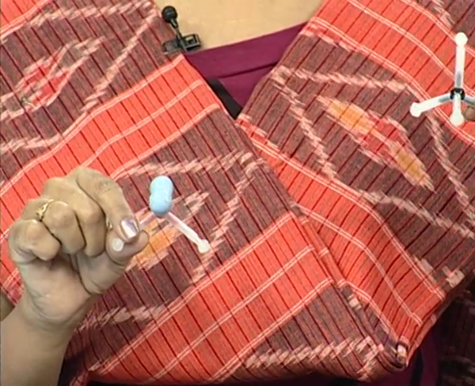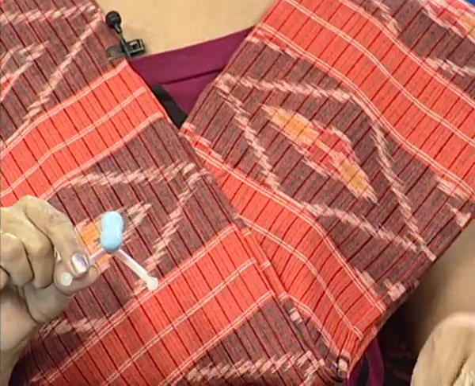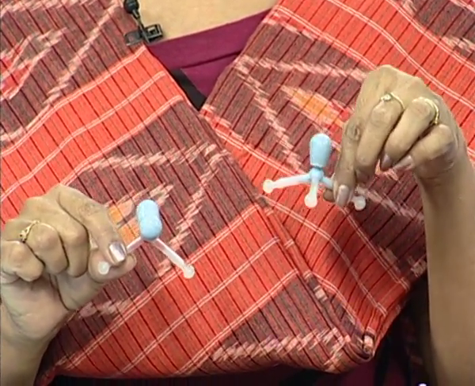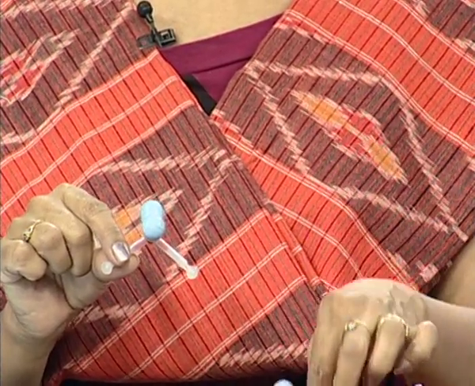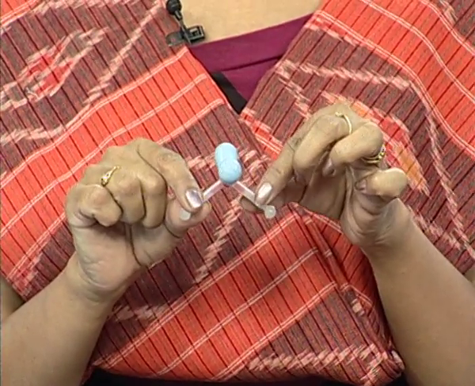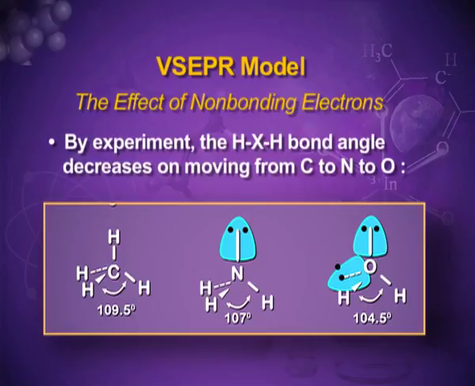This is a regular tetrahedron, angle 109.5 degrees. This is pyramidal shape, that is ammonia, angle is reduced to 107 degrees, and this is water, it is bent shape and the angle is reduced to 104 degrees. You can see the values of the bond angles, how they are reduced from 109.5 degrees to 107 and 104.5 degrees in water.